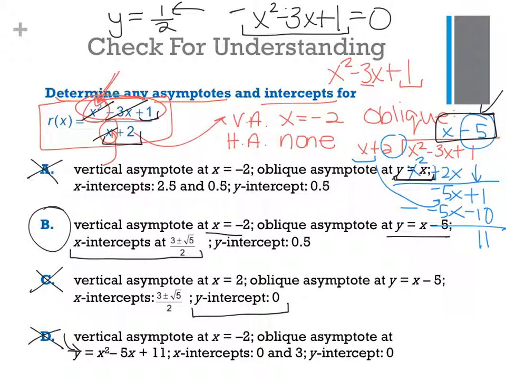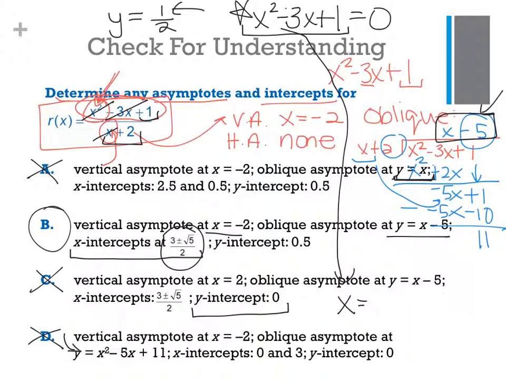So in order to solve this, if it's not factorable, you're going to have to use quadratic formula. So down here at the bottom of the screen, I'm going to show that my x-intercepts are at 3 plus or minus root 5 over 2.